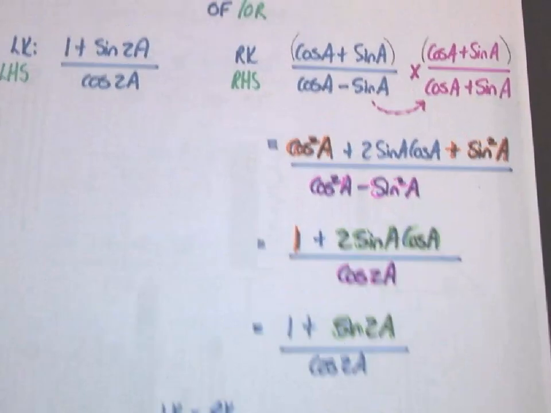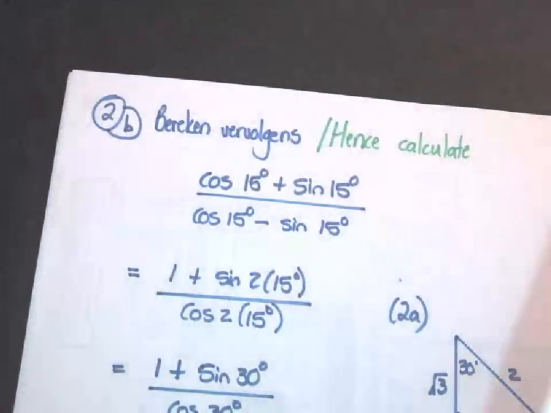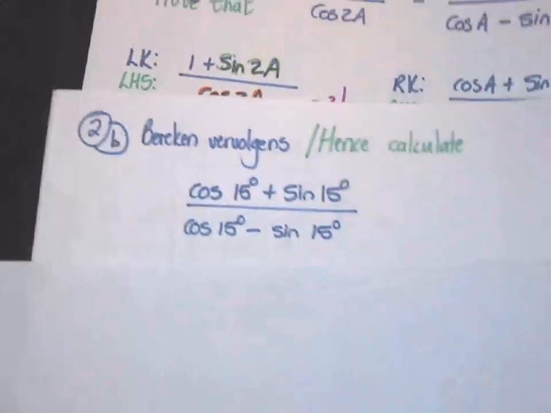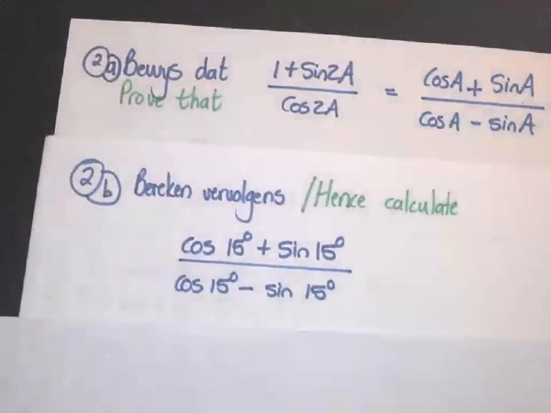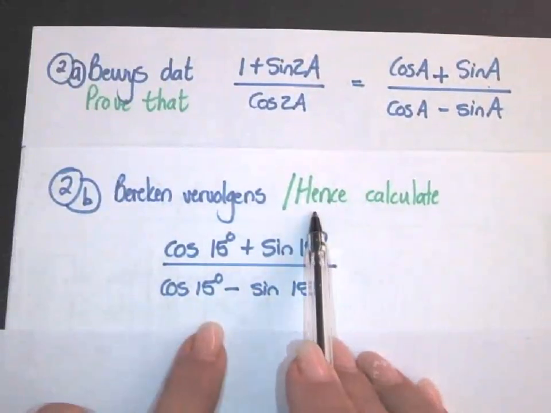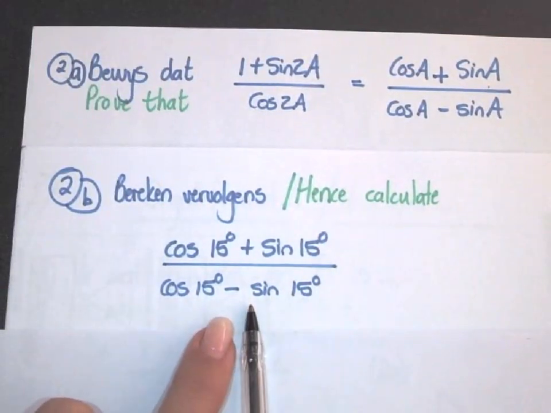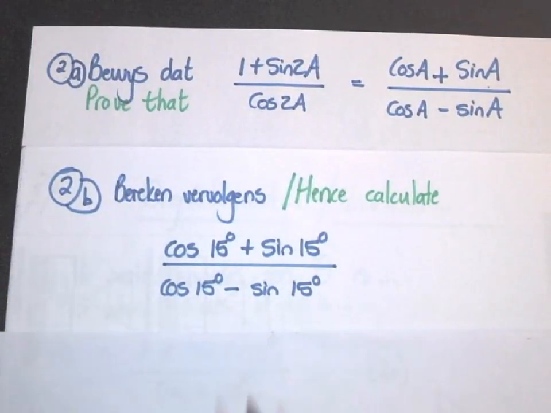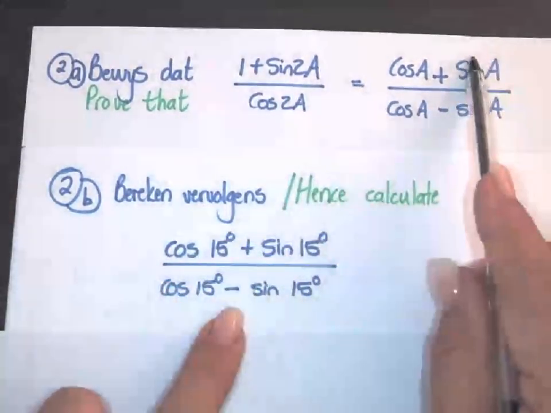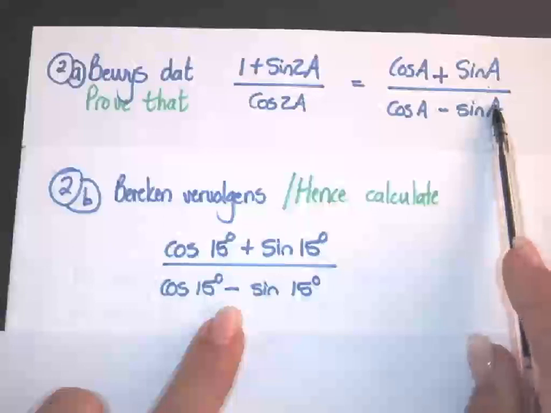Right. Our next example, if you have a hence sum, it means that you should use the previous one. You had to prove that. Now they say hence, calculate this. Always look at the previous question. This pretty much looked the same as the right-hand side.